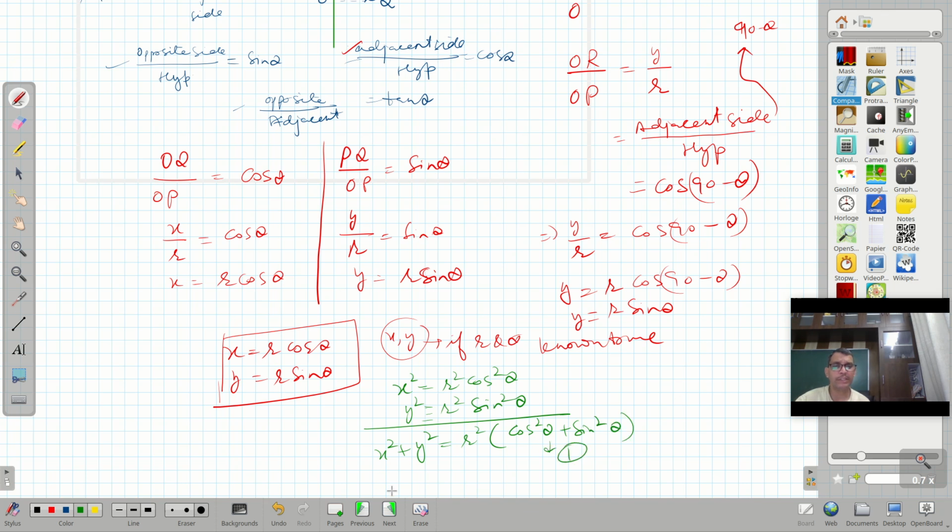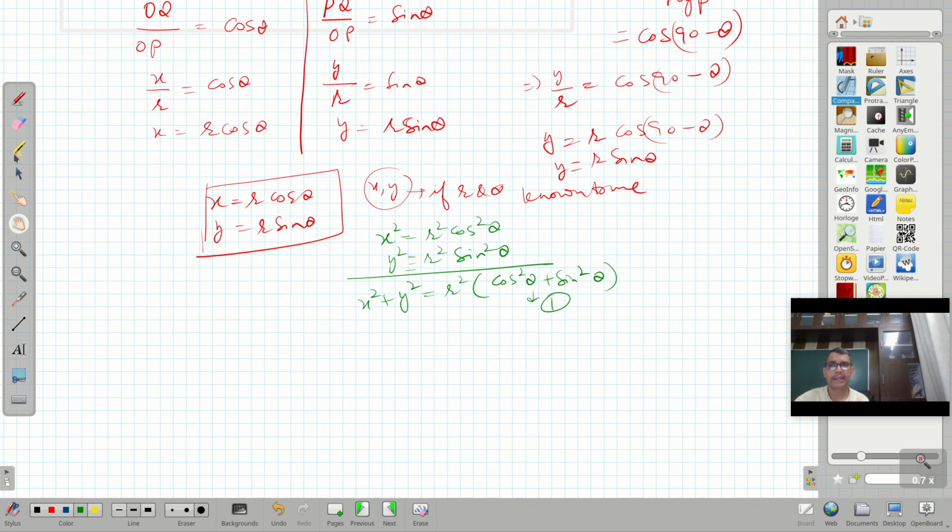So that means what I am getting is that x square plus y square is equal to r square. So using this I can calculate r. From here, using this relationship, I can calculate r if x and y are known to me.